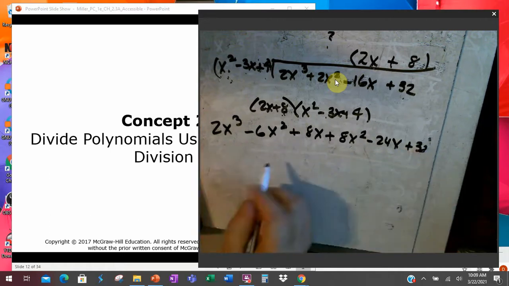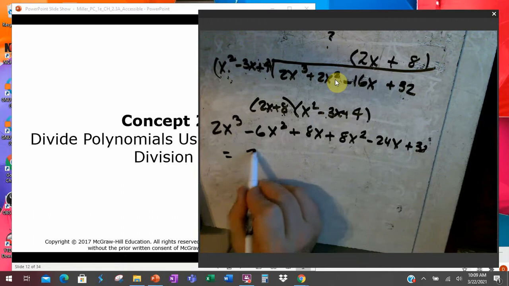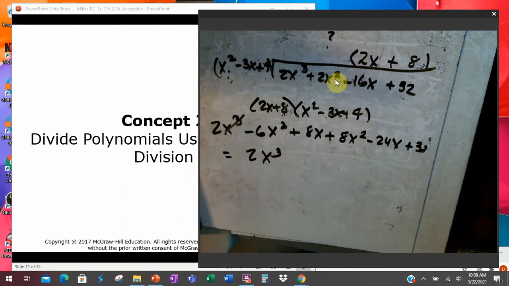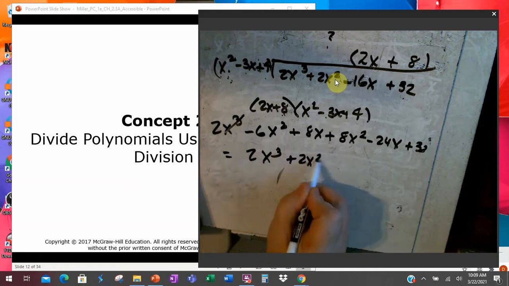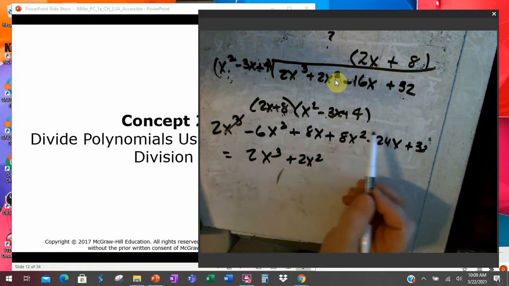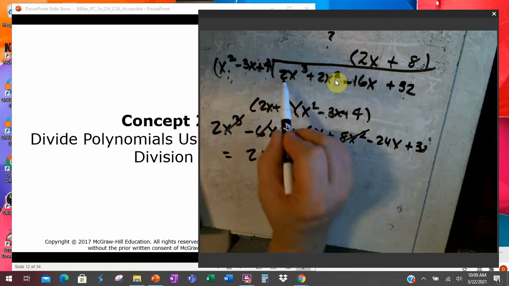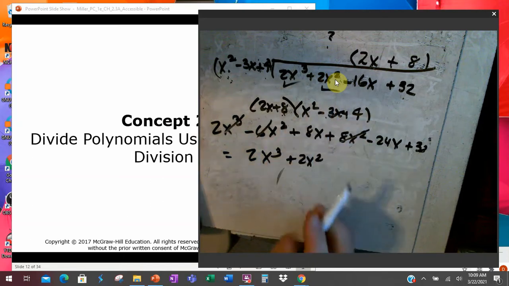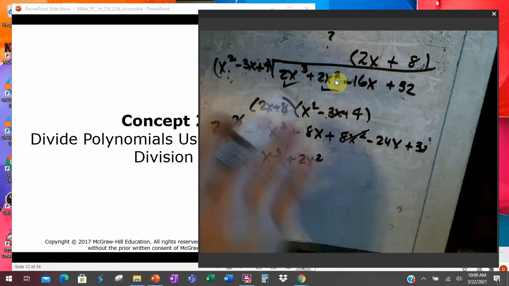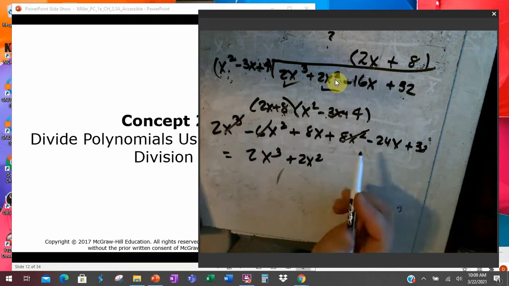And then let's group everything. 2x cubed, that's that out, minus 6x squared plus 8x squared, plus 2x squared, that gets that and that. I've got those two. That matches up. If it didn't match up, then I'd need to start working on why, okay?